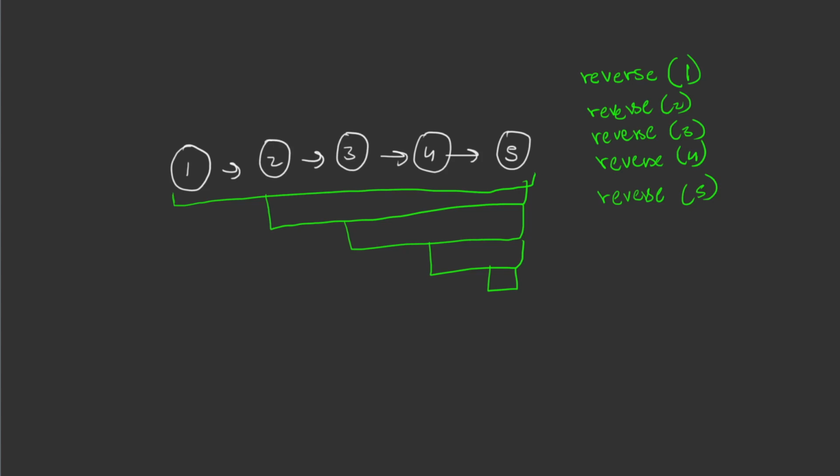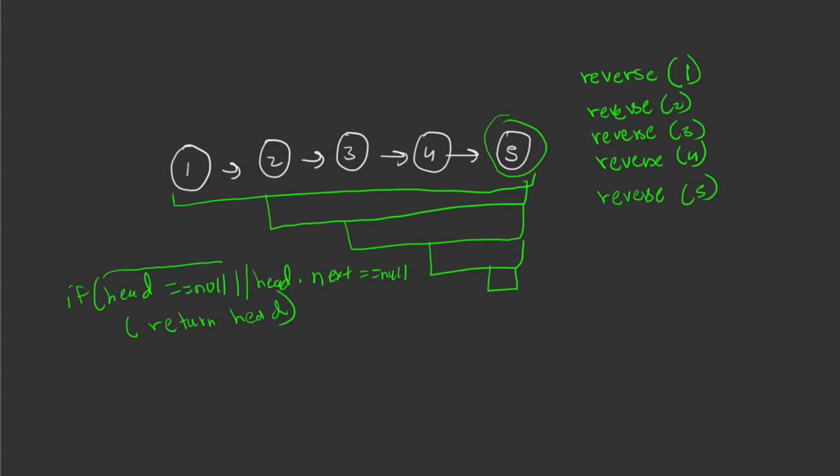When we get to this very last node, our base condition, we'll talk about our base case first, will be if head equals null or head.next equals null, we will return head. Right? So this condition takes care of if we have an empty linked list, that means head will be equal to null, so we just return nothing.